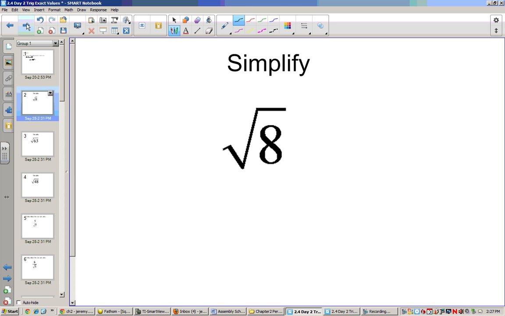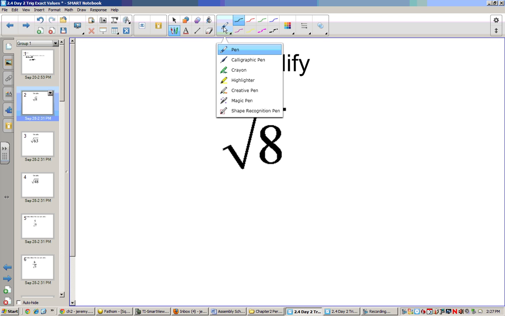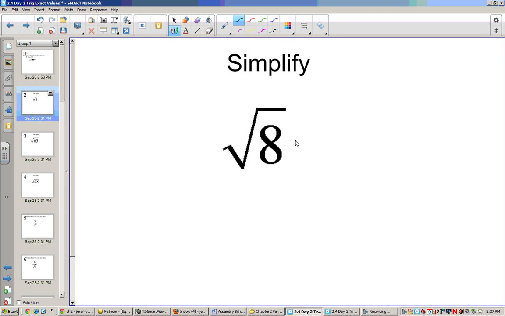But before we do that, we need to know more about our square roots. I know you've learned this in geometry, but we need to simplify this square root of 8. There's a couple ways to think about it. One way is I take the largest perfect square out of here. Remember, perfect squares are 1, 4, 9, 16, 25, 36, and so on all the way up.